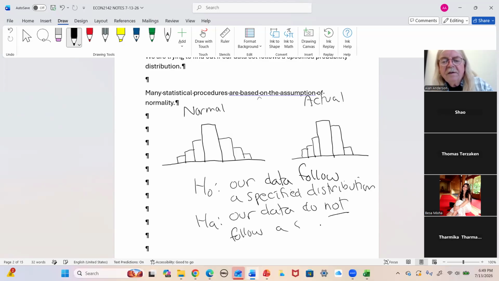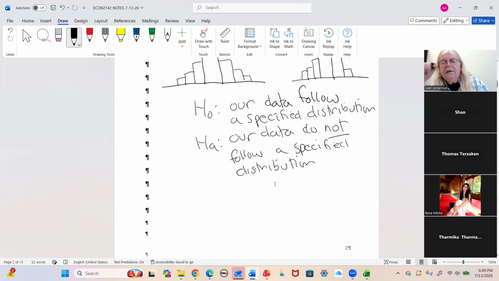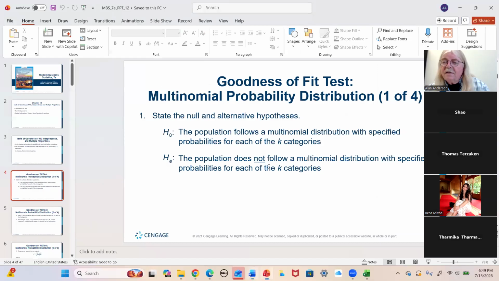It's either yes or no. If you're comparing it to the normal, the null is that the data are normal, the alternative is that they're not. Now, if they're not, it doesn't tell us what they do follow. It just says they don't.